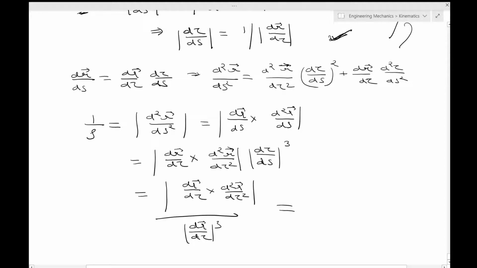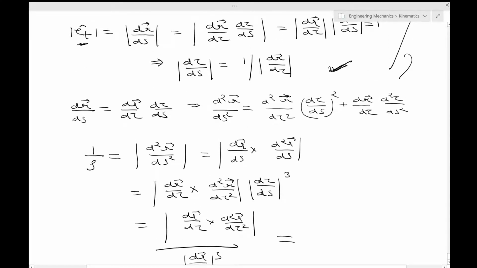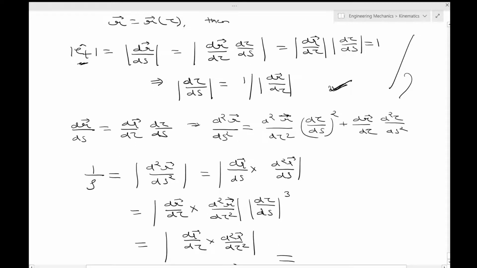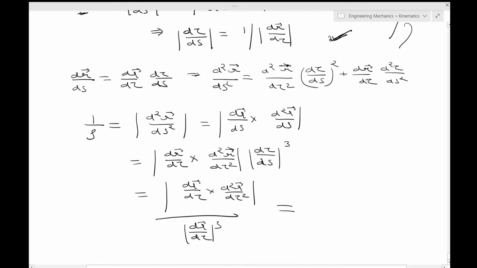This means dr by d tau is the velocity, and d2r by d tau square is the acceleration, provided that the parameter tau is equal to time. I should be very specific about this.